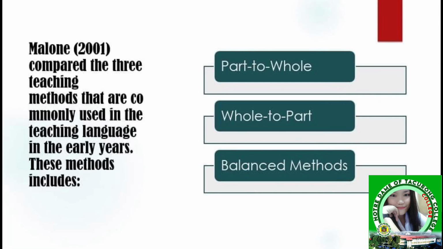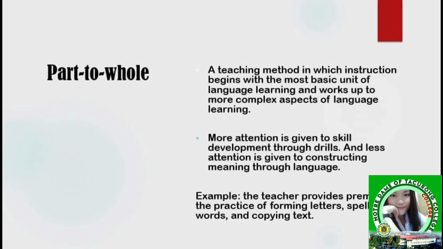In Maloney, 2001, three teaching methods commonly used in teaching language in the early years were compared. These methods include part to whole, whole to part, and balance methods. Part to whole is a teaching method in which instruction begins with the most basic unit of language learning and works up to more complex aspects of language learning.